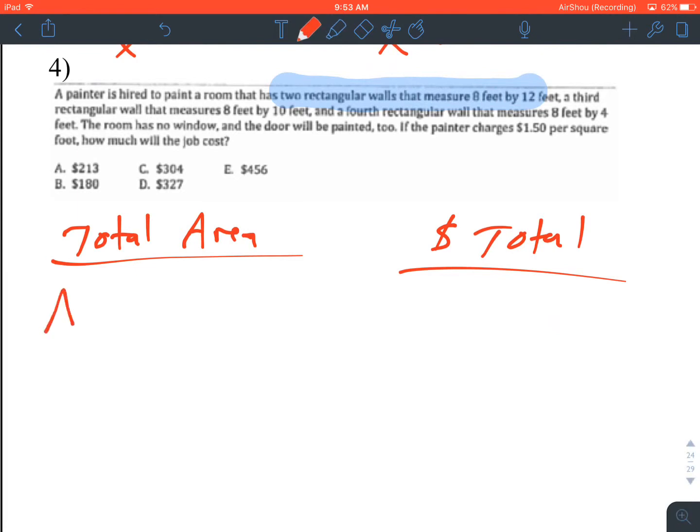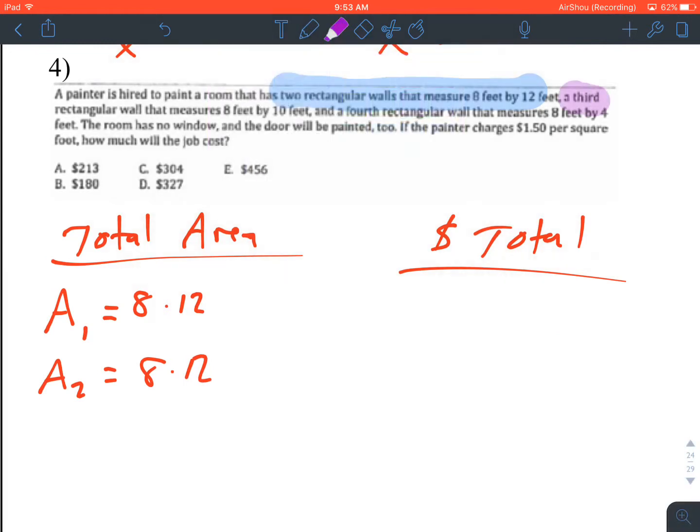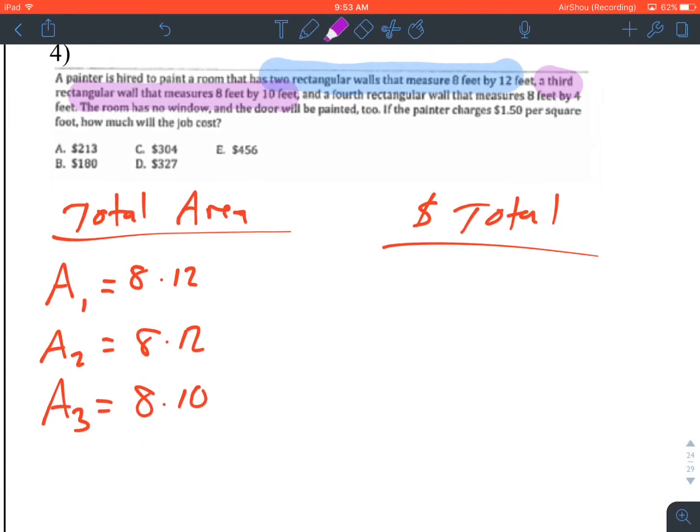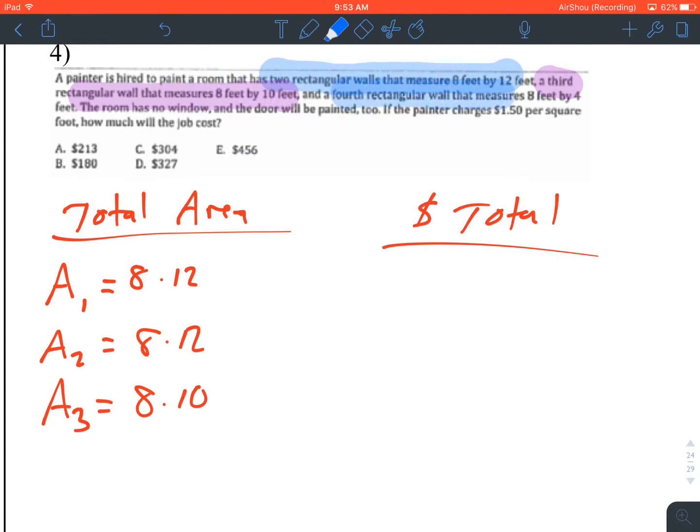So the area of, let's say, wall 1 is going to be 8 times 12. The area of wall 2 is also 8 times 12. Then it says the third wall is 8 by 10. So the area of wall 3 is 8 times 10. The final wall is 8 by 4. It's a weird room.